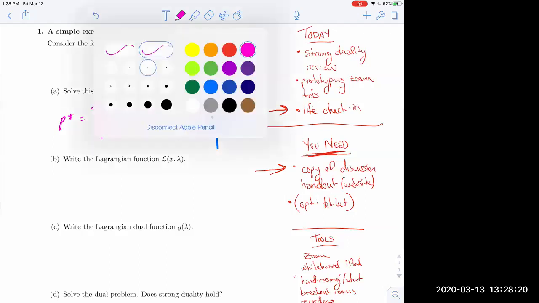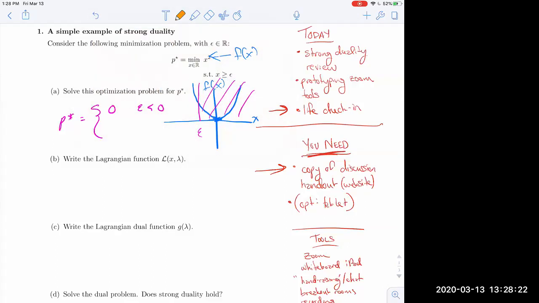And alternatively, if epsilon is greater than 0, then our feasible set is only this side, which means that basically our x star will be exactly epsilon, and so our p star will be epsilon squared for epsilon greater than or equal to 0. Okay, cool. All right, should be fairly straightforward on the math side, even if the technology is not straightforward.